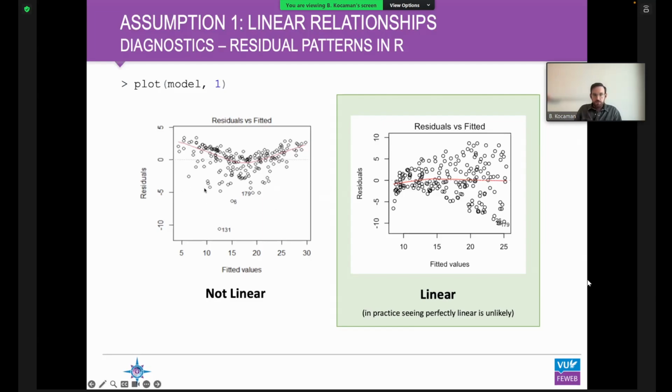In this plot, we want to see a linear red line, so that we can conclude a linear relationship. As you can see here, this is nonlinear, and here it is almost linear. I also put a note here that in practice, seeing a perfectly straight line is very unlikely, so this level of linearity is acceptable.